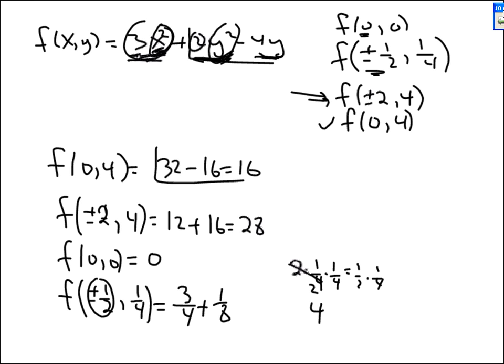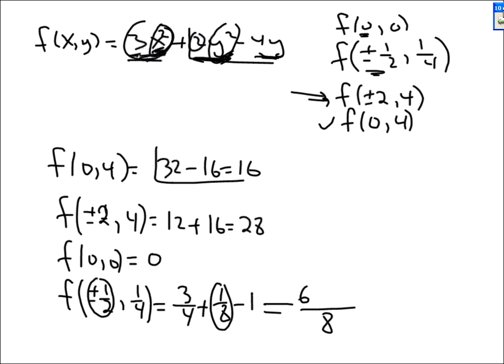Now 4 minus 4 times a quarter is 1. So what I want to do is get everything with an 8 on the bottom. 3 out of 4 is 6 out of 8. 1 out of 8 is 1 out of 8. And 1 is 8 out of 8. This gives me negative an eighth.